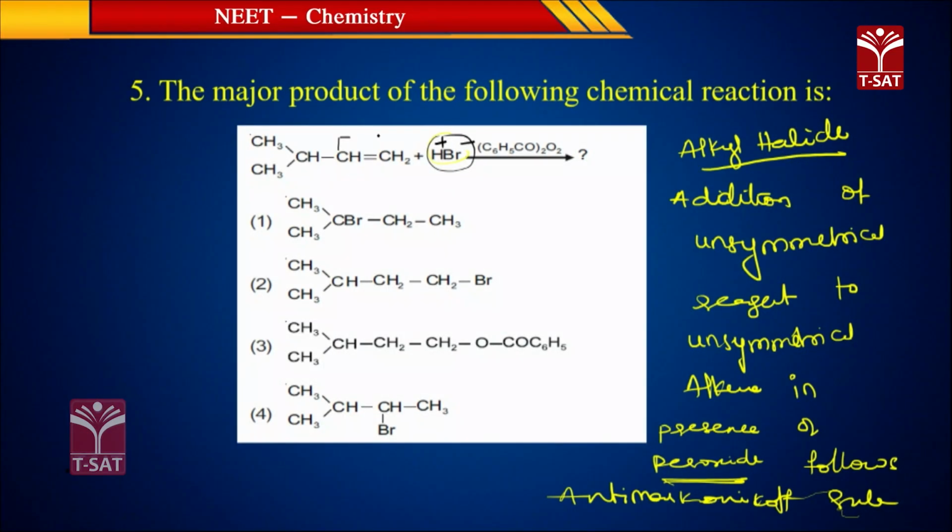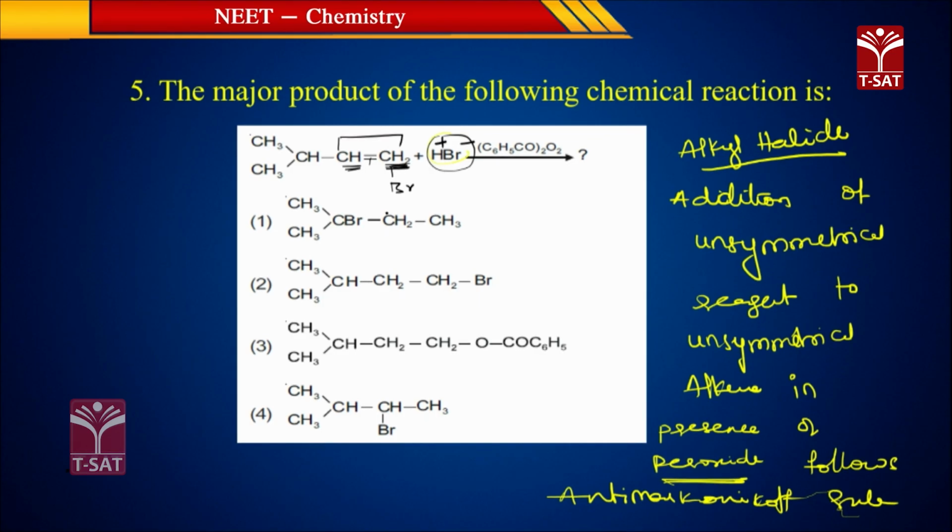See, in this compound the double bond between CH and CH2 is broken. Here by the anti-Markovnikov rule, Br will be added to the carbon having more hydrogens. This carbon has 2 hydrogens and this carbon has 1 hydrogen.